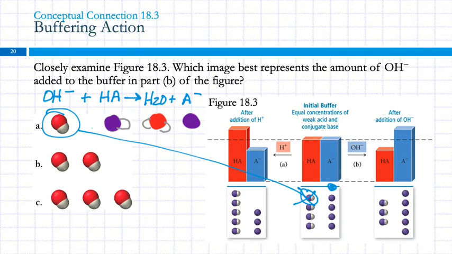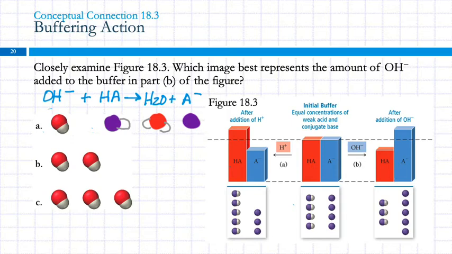I don't even understand what you're asking in the question. Which image best represents the amount of each added? Okay, so the question is, totally lost right now. Let's get rid of that. So this is the process that's happening. Are we okay with that? If I put this one and this one together, the hydrogen from this comes over to this, makes a water, and what I've got left is A minus.